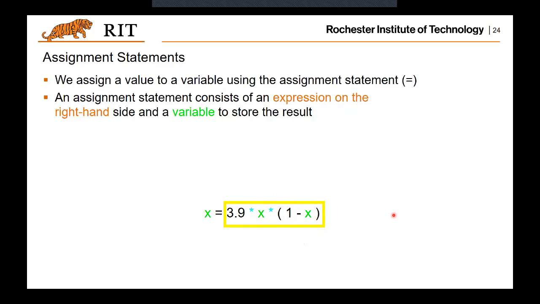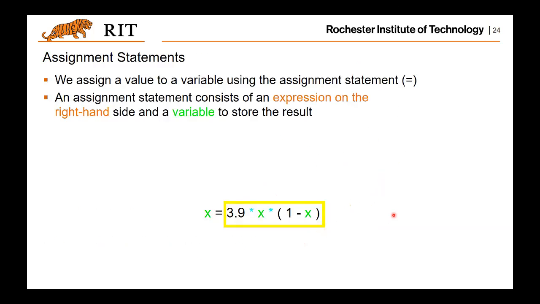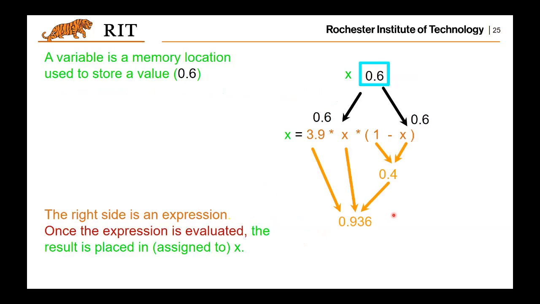It might suggest some orders when you're operating on the right-hand side code. So what are these? Let's check them one by one. In this specific case, x has an initial value of 0.6, and in this line of code, for the right-hand side, x is still 0.6, right?